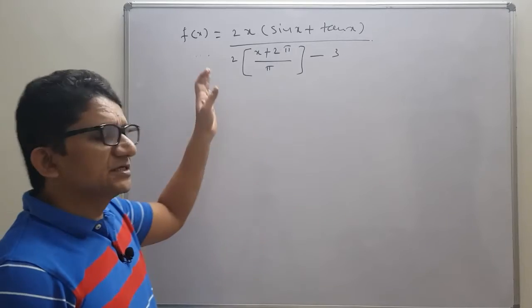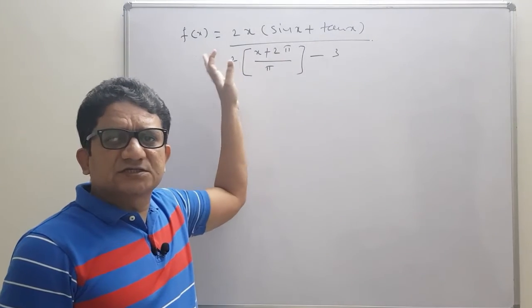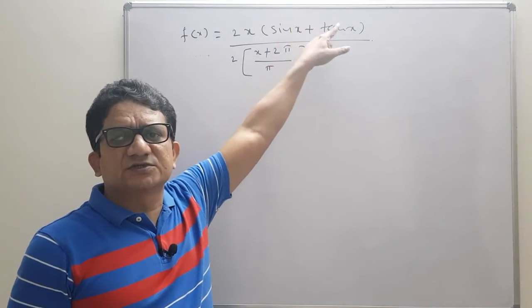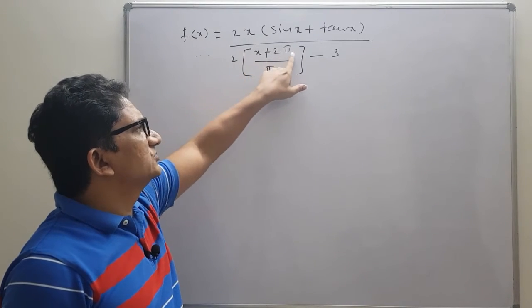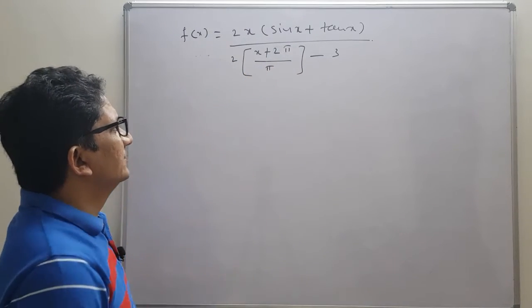Okay, students, let me explain this question. See, f of x equals 2x into (sin x plus cos x) divided by 2 times of (x plus 2 pi divided by pi).